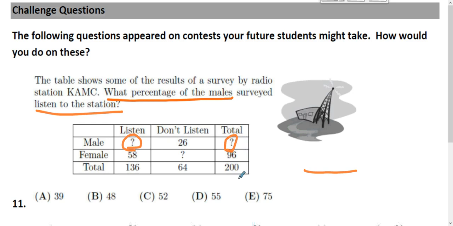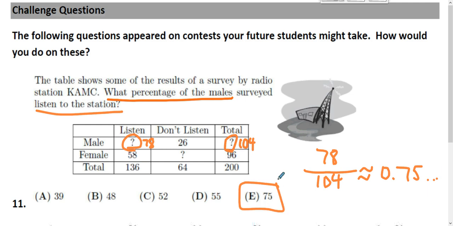Well, this plus 96 has to be 200. That's got to be that. And then these are all the males there are. Those are the ones that don't listen. So these are the ones that do. And so when we go to our calculator and divide 78 by 104, we get approximately 0.75. It's about 0.75, and that's about 75%.